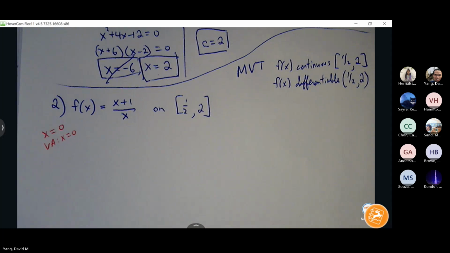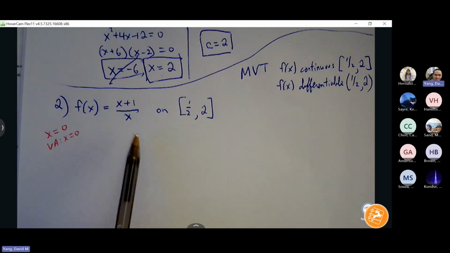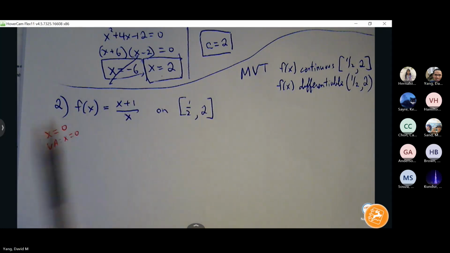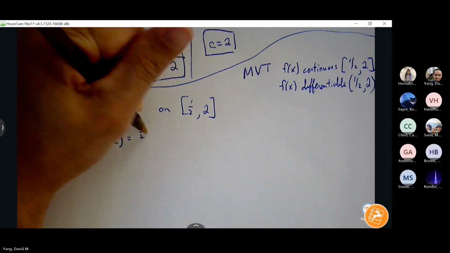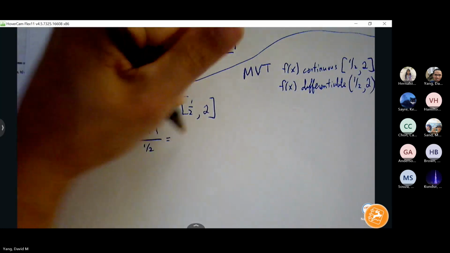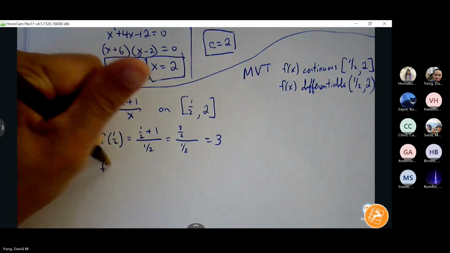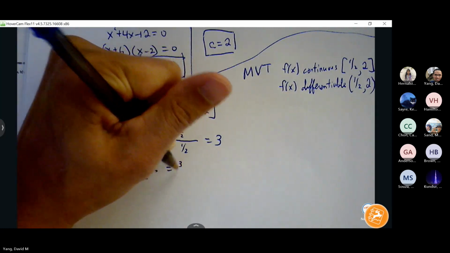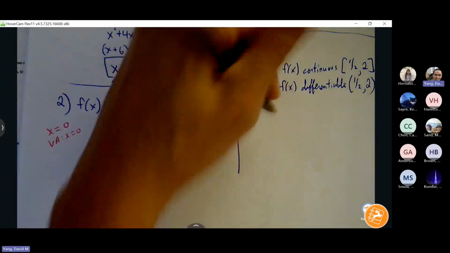Okay, so don't do the derivative yet, right? We're going to take the endpoints, plug them into the function, get our average rate of change first. Okay, take your endpoints, find your average rate of change.